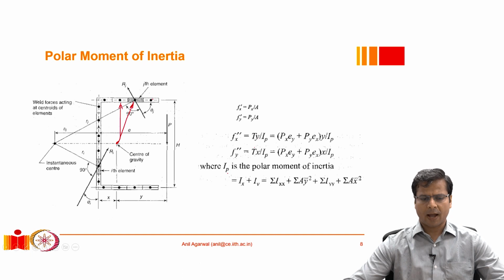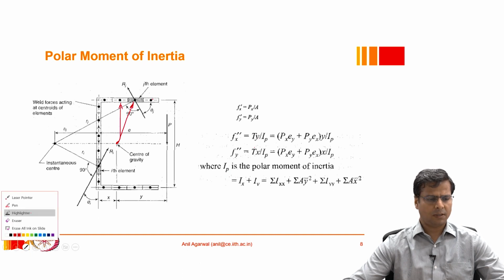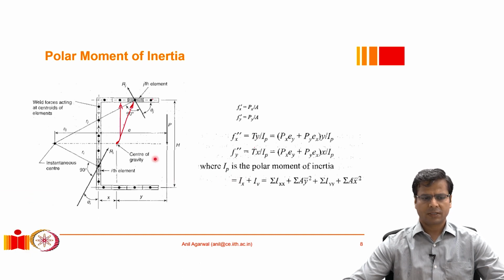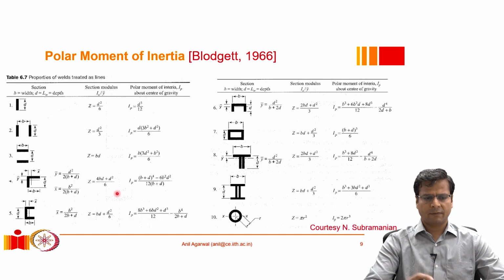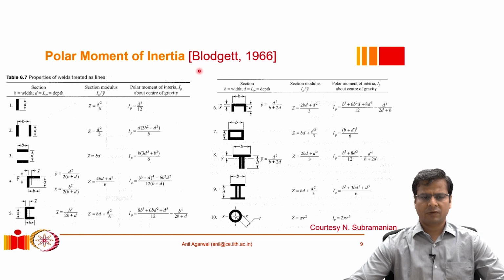The calculation of IP may not be always very straightforward. Sometimes, depending on the geometry, it can be slightly complex. We have to calculate Ix and Iy. So we can calculate it ourselves, but also there are some guides available to us. So there is this table which was developed by this author in 1966. I have taken this table from the textbook, that is Dr. N. Subramanian's book.